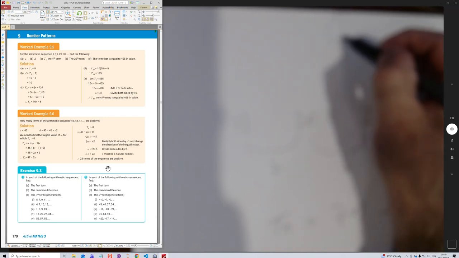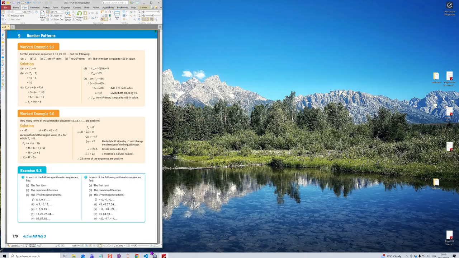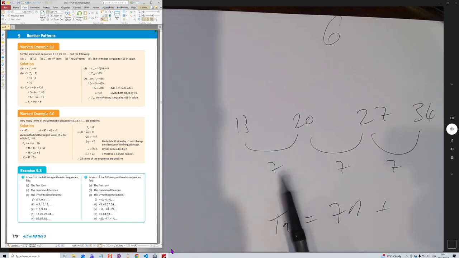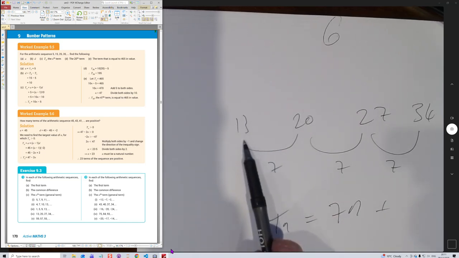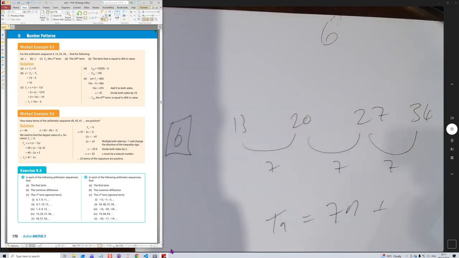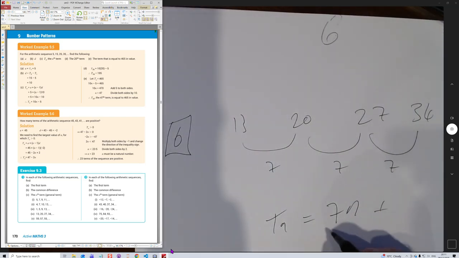Just before I commit to writing it down, 2 13s. I'm going to drive on. And 2 13s take away 20 is also 6. It's nice to have an alternative way of calculating something. So 7n plus 6.